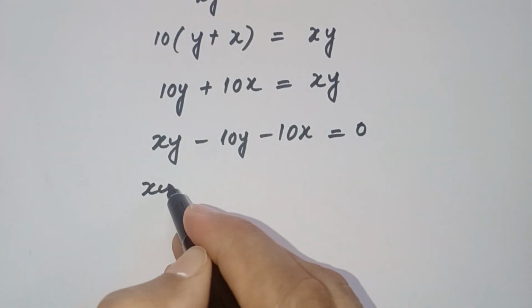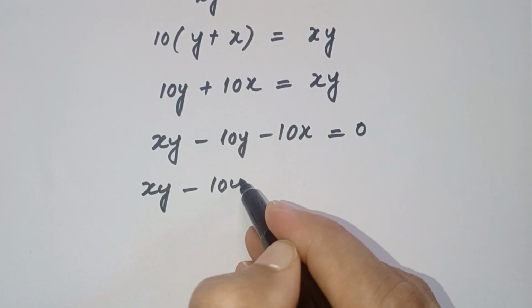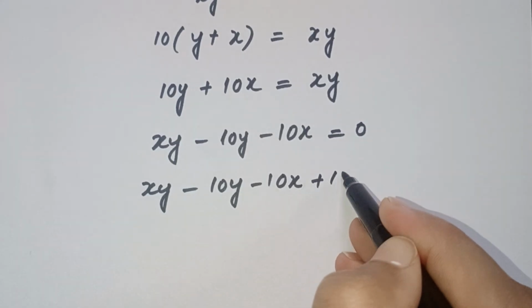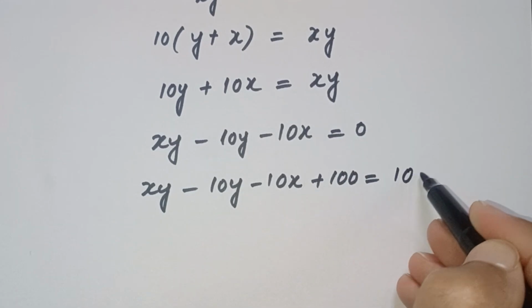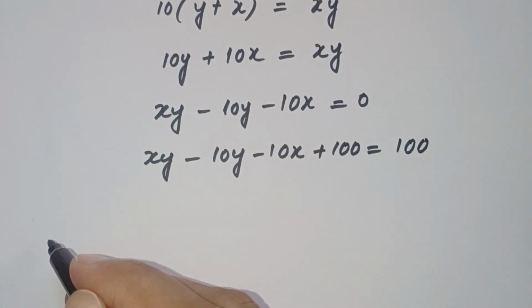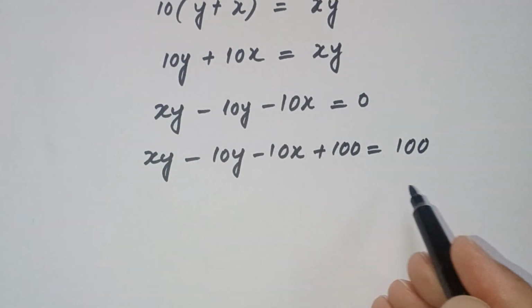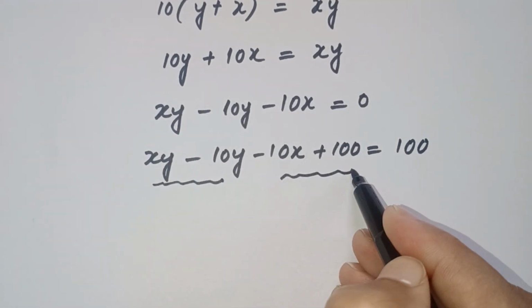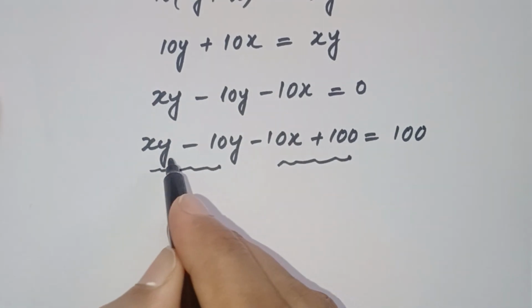So here we will add 100 on both sides. So here we will group this expression: xy minus 10 times y, and minus 10 times x plus 100.